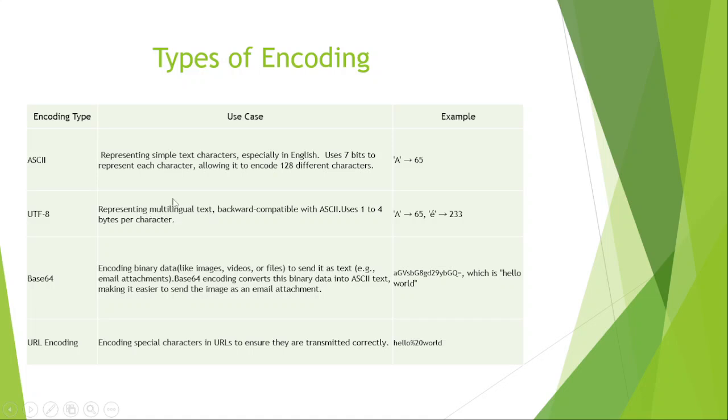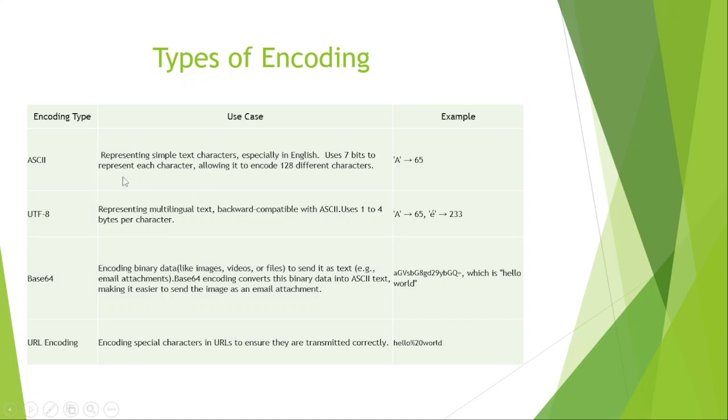It supports almost all languages, whatever standard languages are present in the world, including Chinese, German and French. All these languages have been included under the UTF-8 encoding. And apart from that, all the 128 characters that were in ASCII have been included in UTF-8, so it is backward compatible with ASCII.